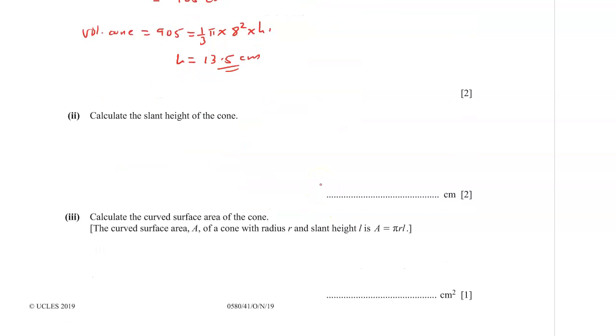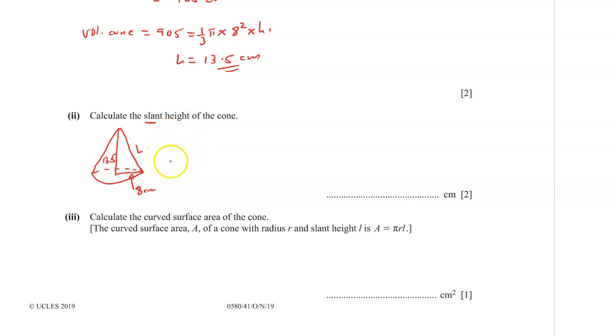Very good. Part 2. Calculate the slant height of the cone. You can draw a simple cone here. This is the cone. So the distance from there to here, in the middle, and this is 8 centimeters. The height is 13.5. L is the slant height.